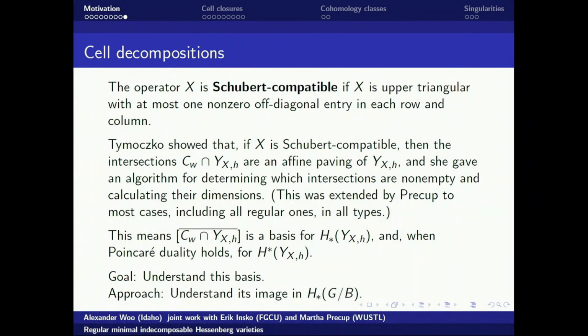Now, there is a problem here, which is that the map into homology of G mod B is not injective. Okay? Lots of different classes go to the same class. So you're going to lose some information just from understanding its image in G mod B, but you don't lose all the information.